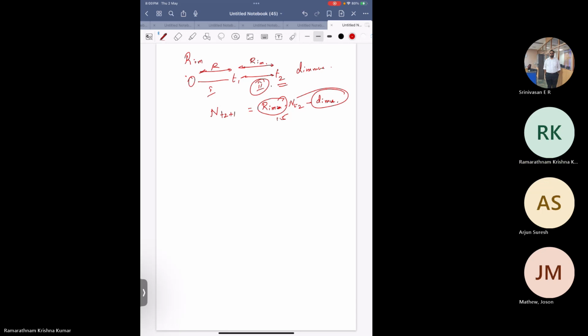So we will start from T1. At T1 the immune system kicks in. N at T1 plus 1, where T1 is the end of the first phase: how will you write this now? R immune times N_T1.